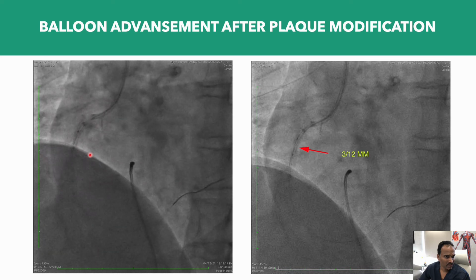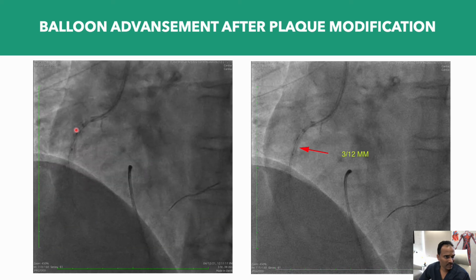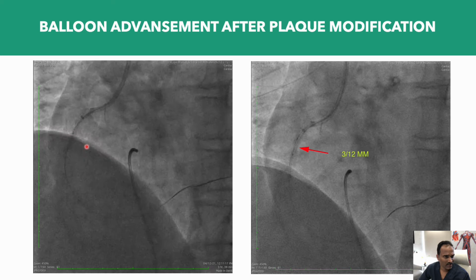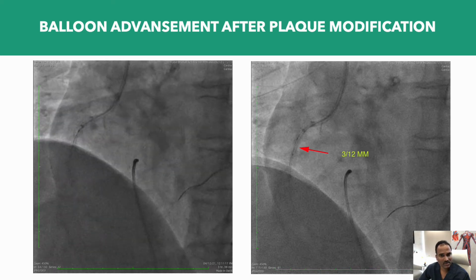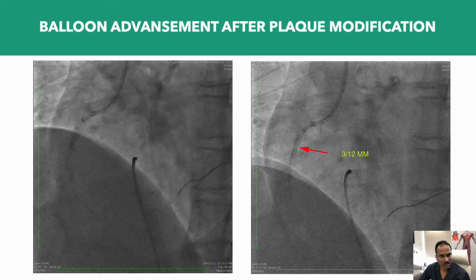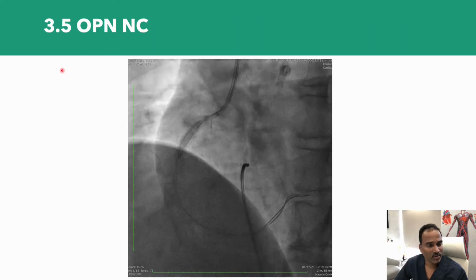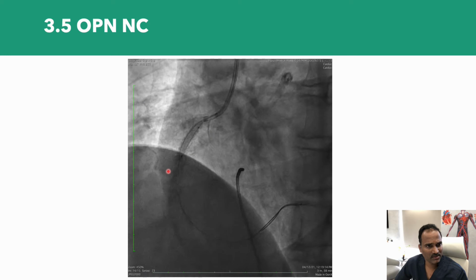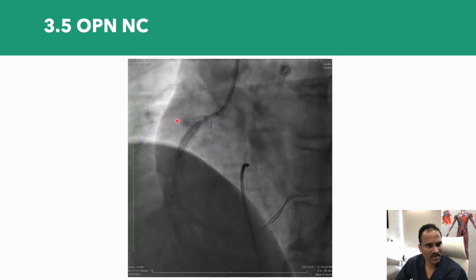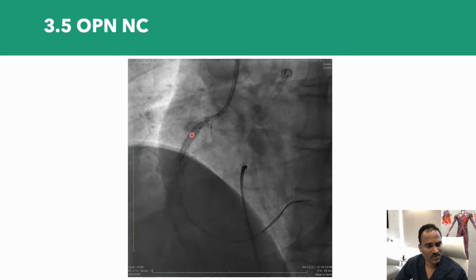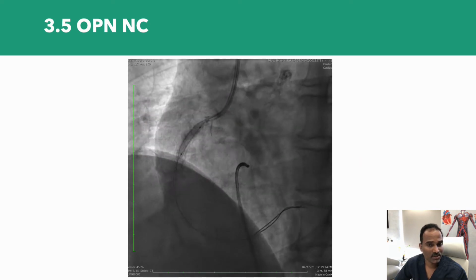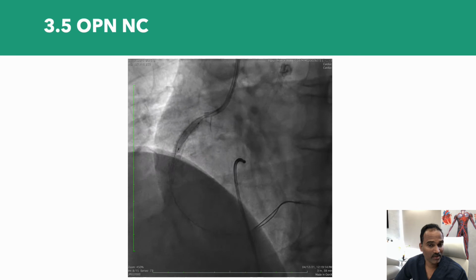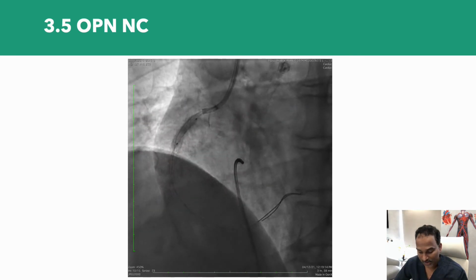You can see how easily it is getting dilated. The under expanded stent got dilated without much resistance after plaque modification with knuckle. Then I took a 3.5 OPN-NC. You can see here, it got completely dilated. There was no resistance at all in the course of dilatation, which I used to feel in the beginning of the procedure.